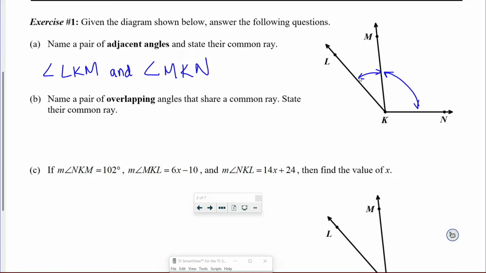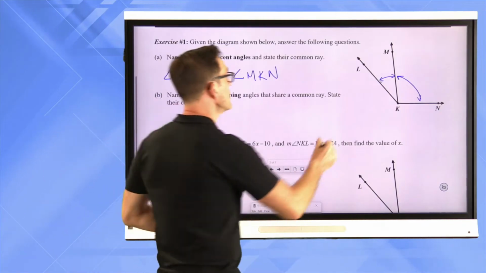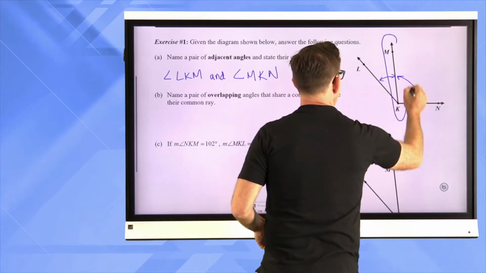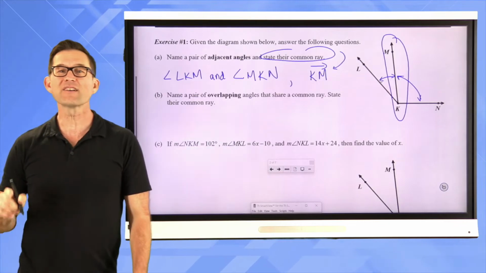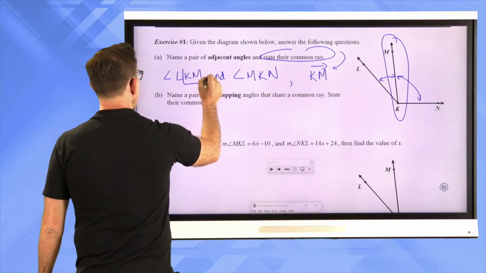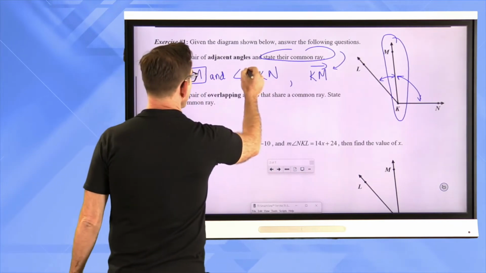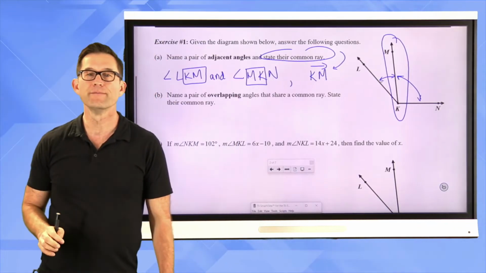Those are adjacent angles, angles that sit next to each other, and their common ray is ray KM, right? So it says state their common ray, that's ray KM. You can actually see it in the names of the angles themselves, right? Here's KM here, and here's KM there.